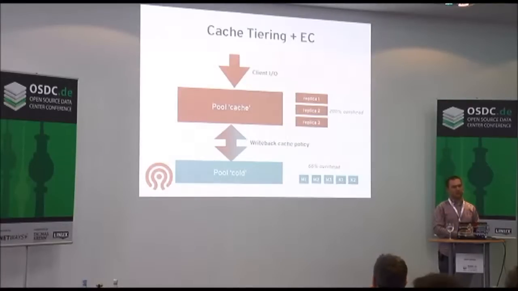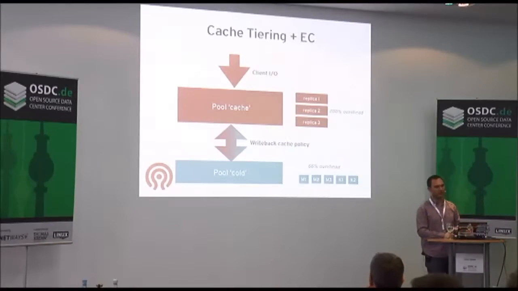The way we make that into a usable system is to combine cache tiering and erasure coding. You can put a replicated pool that we'll use as a cache on top of an erasure-coded pool. So you're paying a 200% overhead in terms of storage space in your replicated pool, but you're going to get really nice, consistent latency numbers, and you're going to be able to do everything with it that you could do with any other pool. So you can run RGW, RBD, CephFS on top of that pool.